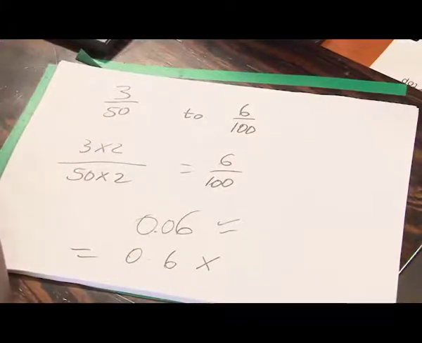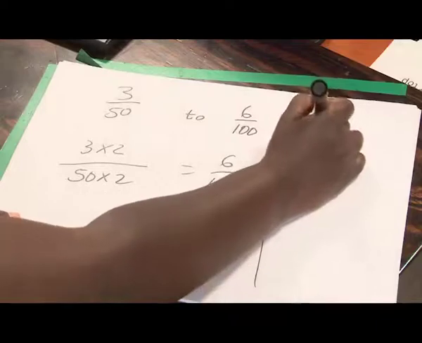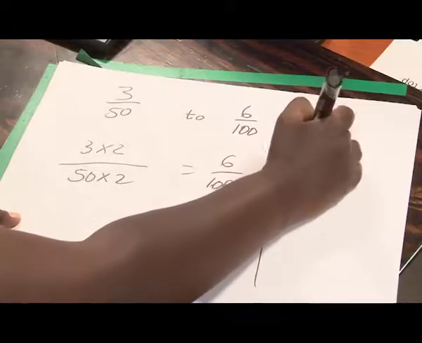Now, other problems were encountered when carrying out the calculations with fractions without using a calculator. Students often fail to put their fractions into simplest form, and they lose a mark for accuracy. Let's say you have an answer that eventually leads you to 8 out of 10.